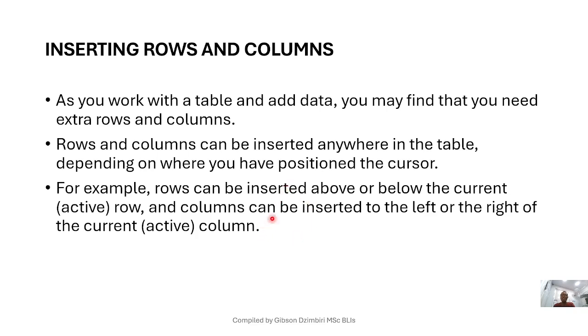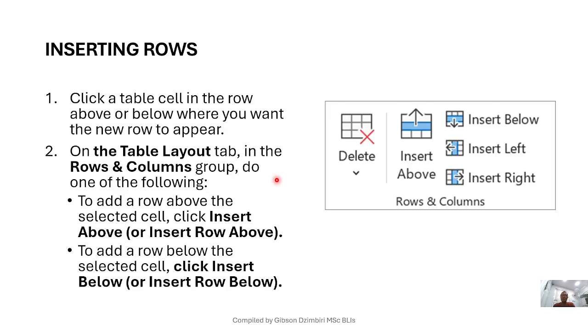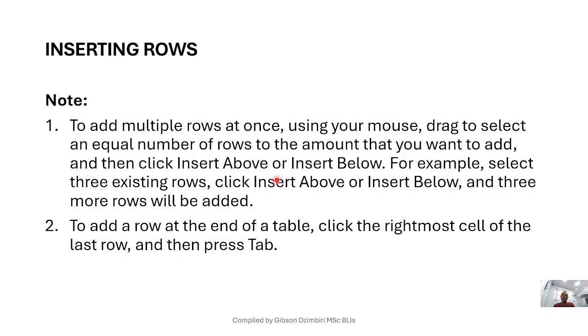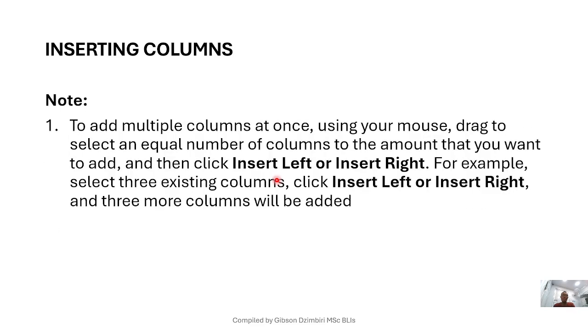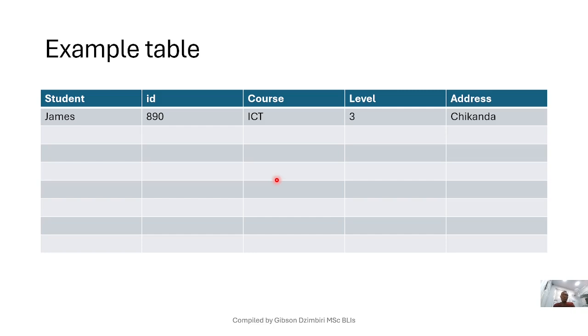You can insert a row above or below the current row, or else you can insert a column to the right or to the left of the position where you have positioned your cursor. So these are the steps that you can follow, like inserting rows and inserting columns. It's very simple.